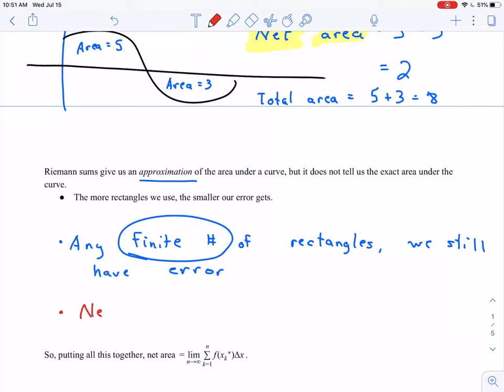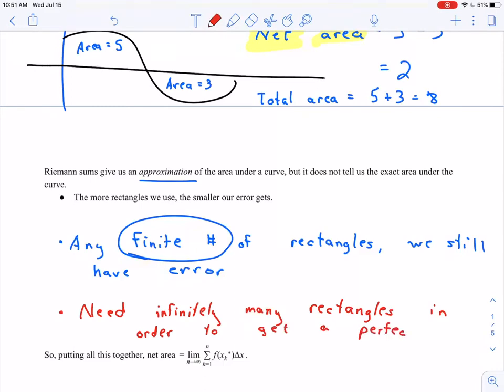We would need infinitely many rectangles in order to get a perfect approximation, because then at that point it's not even really an approximation anymore. It's just that's the area under the curve. We need infinitely many rectangles, which I think is kind of an astounding idea here.